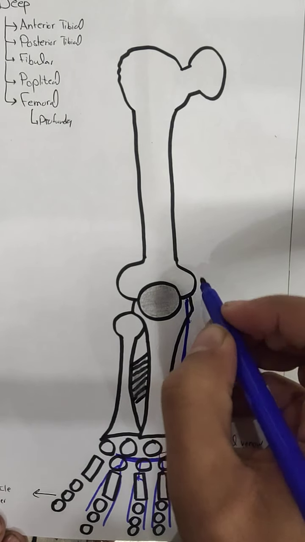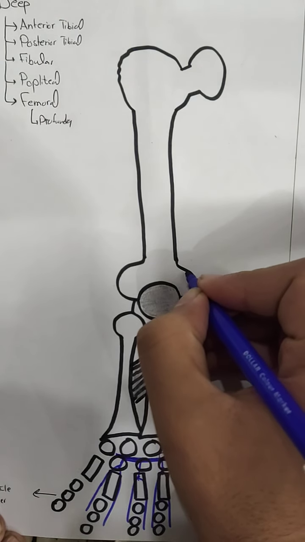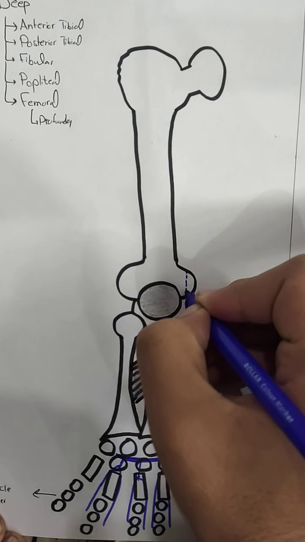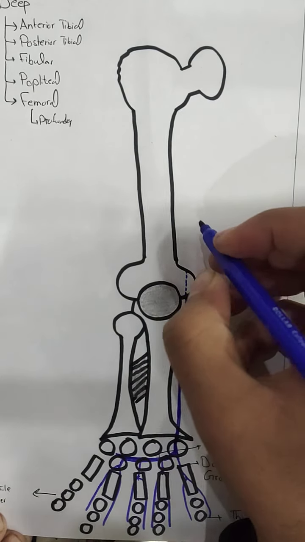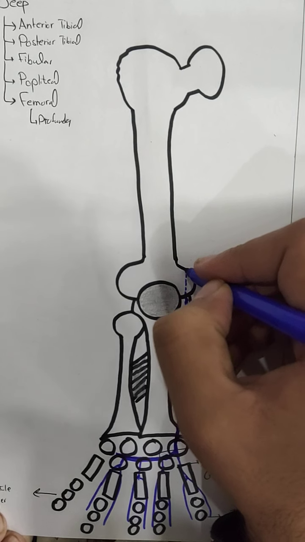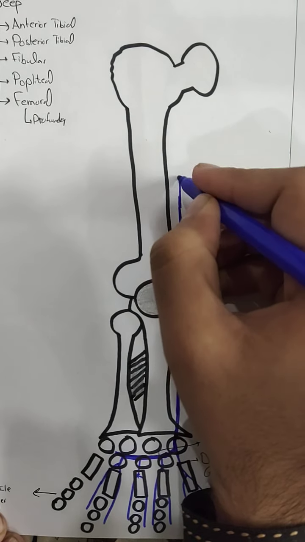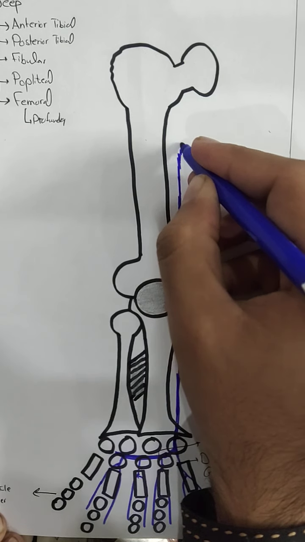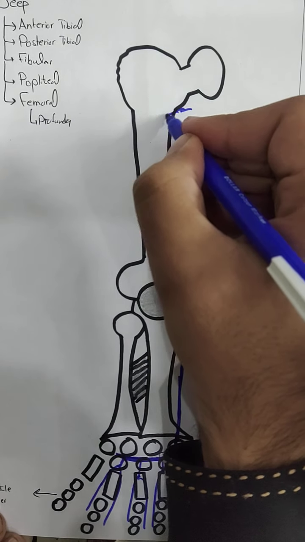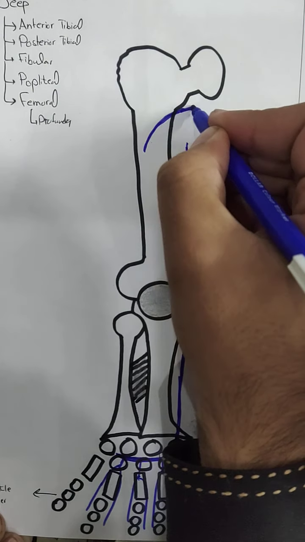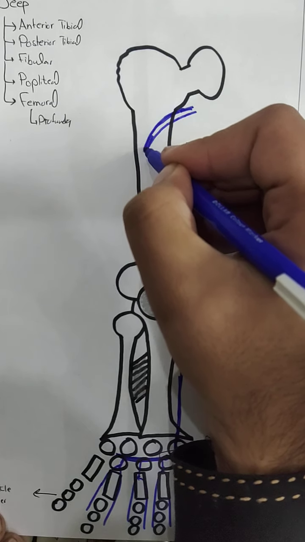Now here it will move posterior to this medial condyle. Here I am showing it in dotted form. Here it is posterior to this condyle, and then again it will ascend like this. Here will be a deep vein called the femoral vein. This is the deep vein of the lower limb.